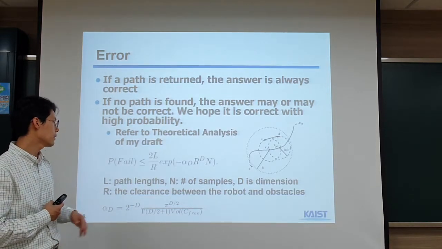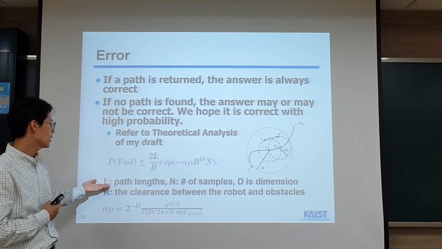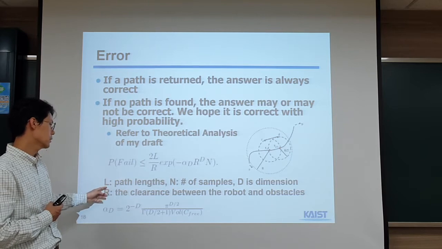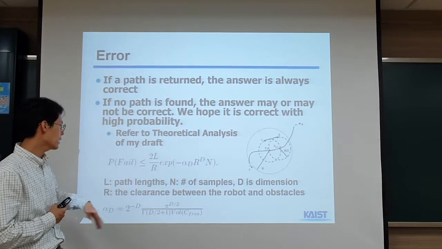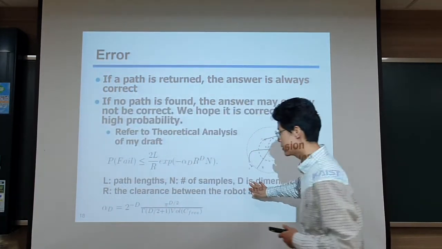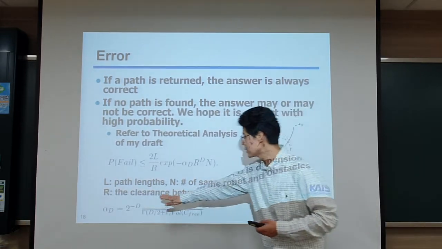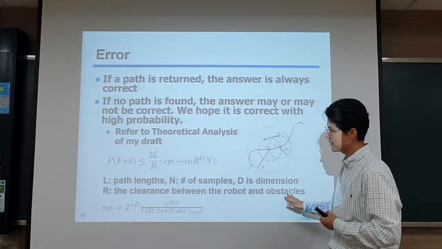And also there are many other factors. L is the path length, and also the dimension. R is the clearance between the robot and obstacles.